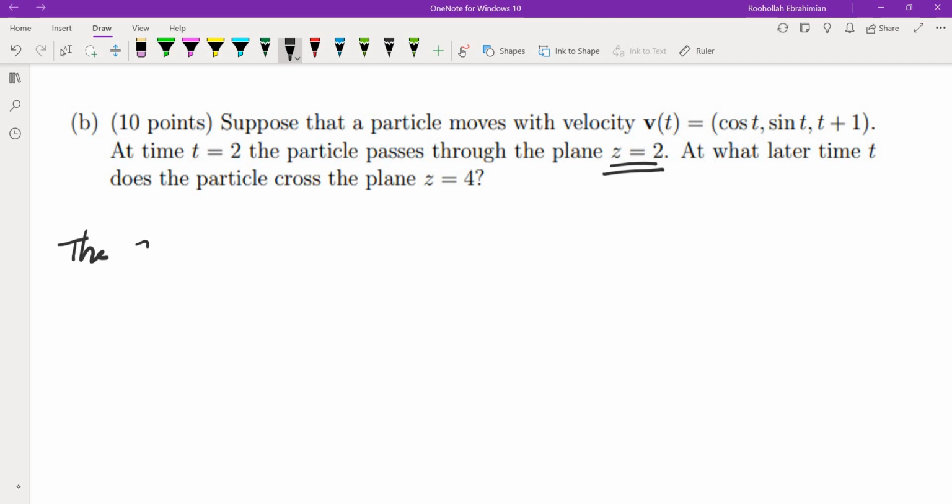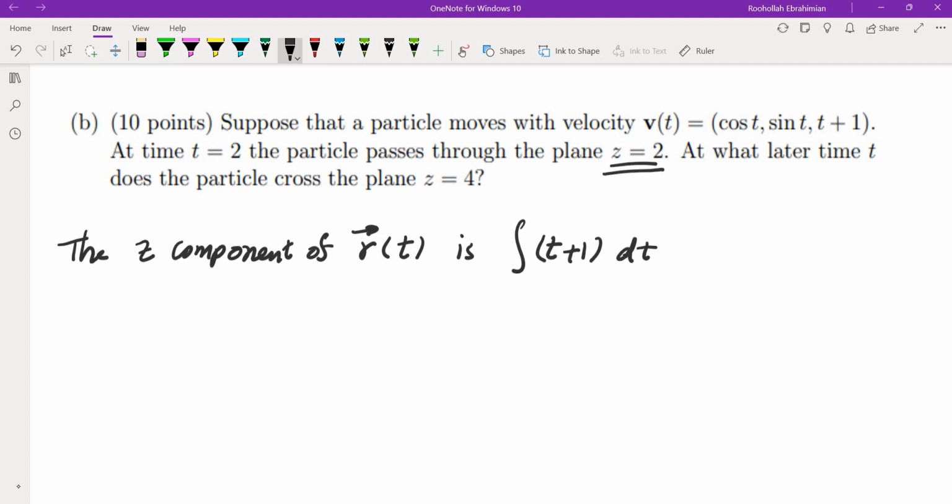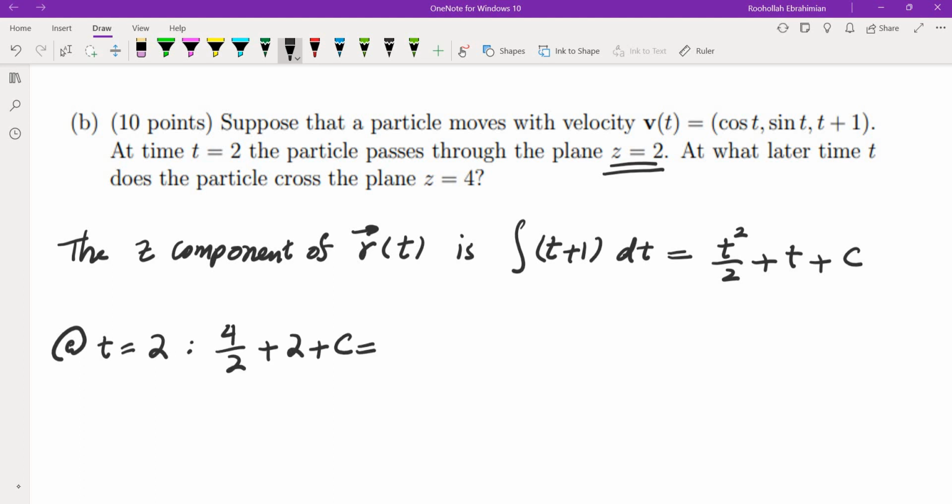The z component of r of t is the integral of t plus 1, which is t squared over 2 plus t plus c. Now, at t equals 2, we get 4 over 2 plus 2 plus c. That would have to be 2 because that's what they told us. So if you simplify this, c becomes negative 2.